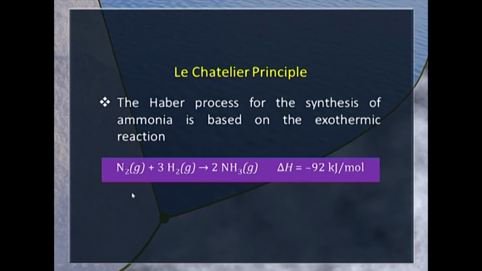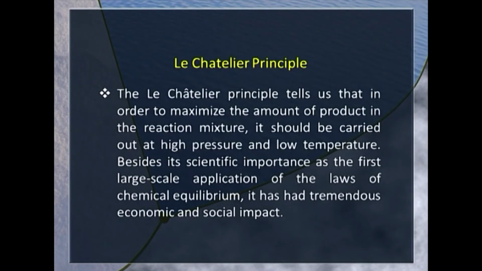The Haber process is the best example which gives us an idea of how important or how useful this principle is. This is a standard Haber's process which can be used for the generation of ammonia industrially, and this suggests that to maximize the product ammonia, we have to use high pressure and low temperature.